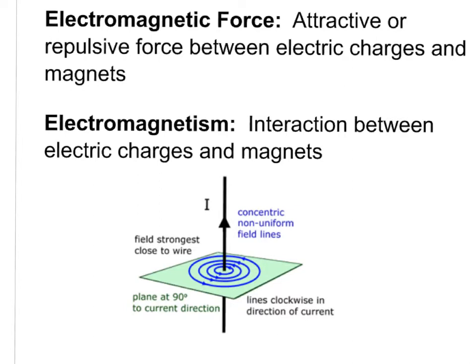So these interactions between electric force and magnetic force made scientists realize that really electric force and magnetic force are part of the same force, and we call that single force the electromagnetic force. It's the attractive or repulsive force between electric charges and magnets. And electromagnetism is simply the interaction between electric charges and magnets.